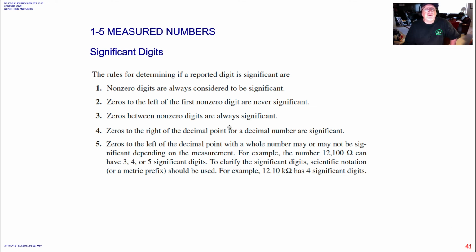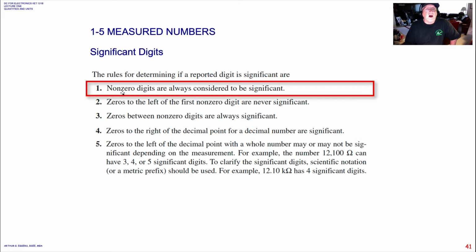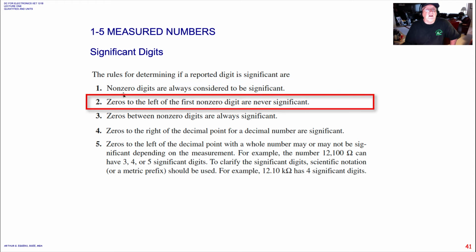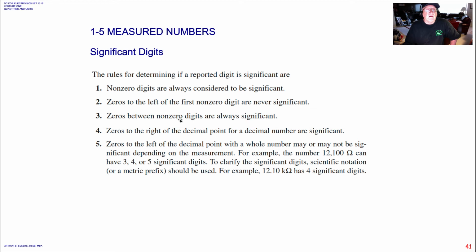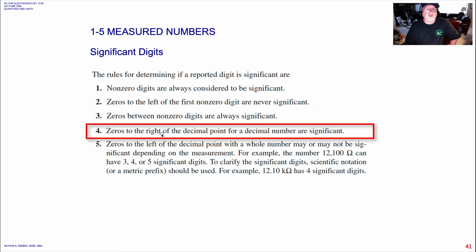The rules for determining if a reported digit is significant are: 1, non-zero digits are always considered to be significant. 2, zeros to the left of the first non-zero digit are never significant. 3, zeros between non-zero digits are always significant. 4, zeros to the right of the decimal point for a decimal number are significant.